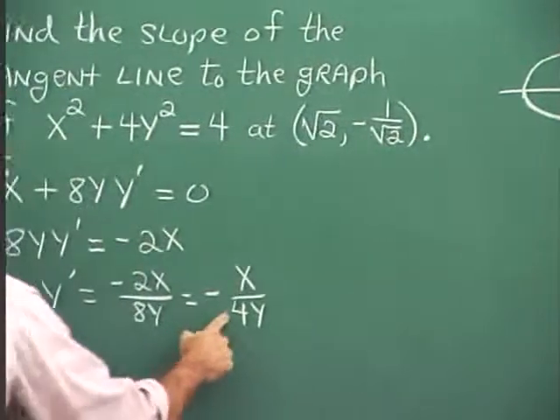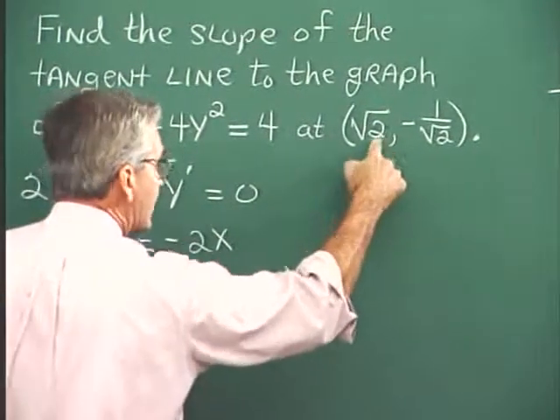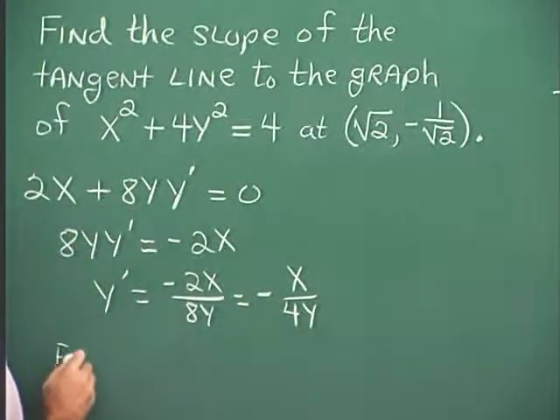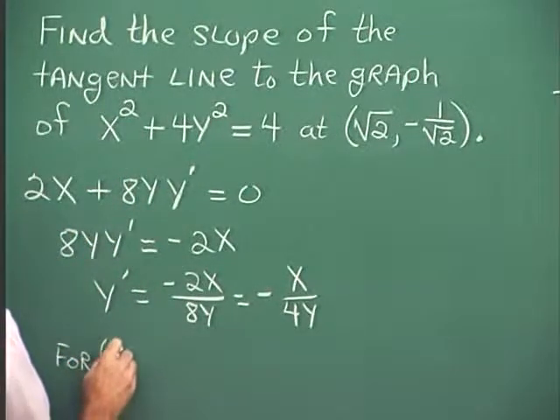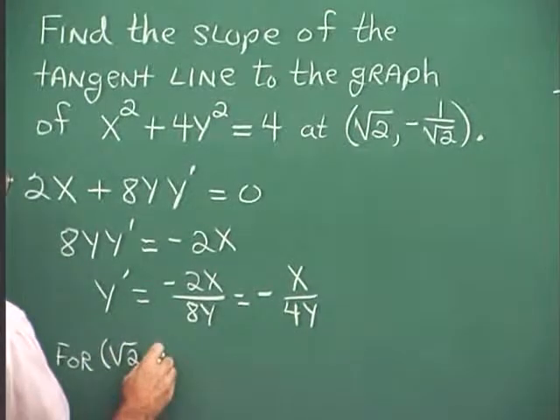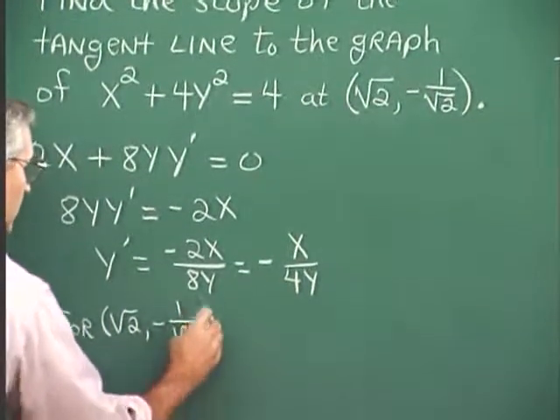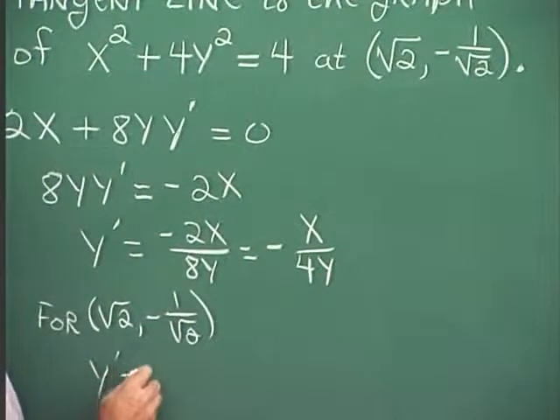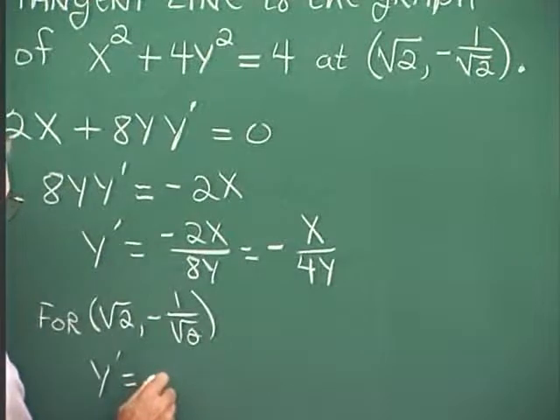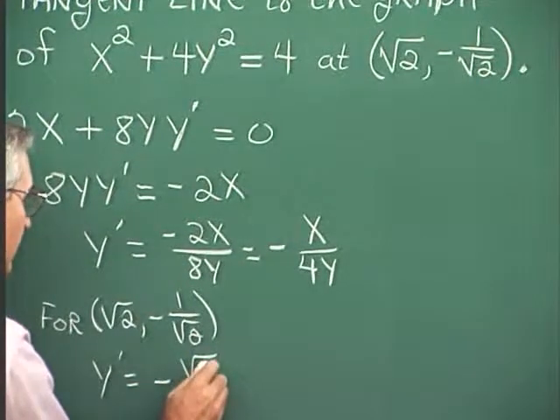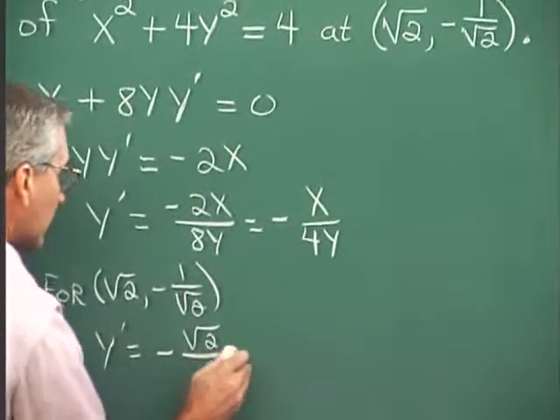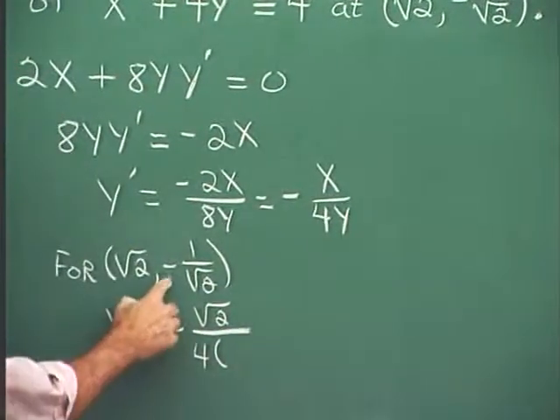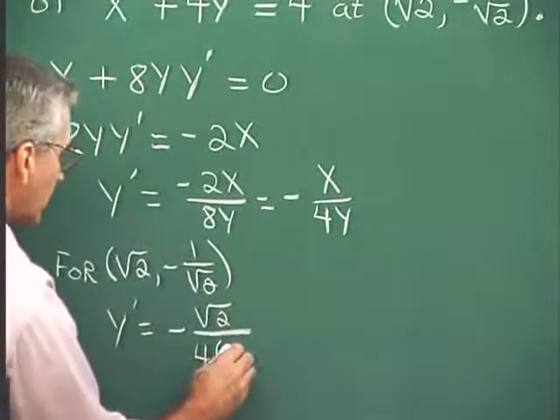If we're going to throw this information into that derivative, so we'll have, for the point root 2, negative 1 over root 2, this becomes negative root 2 for x, and then 4 times the y value, but the y is minus 1 over root 2.